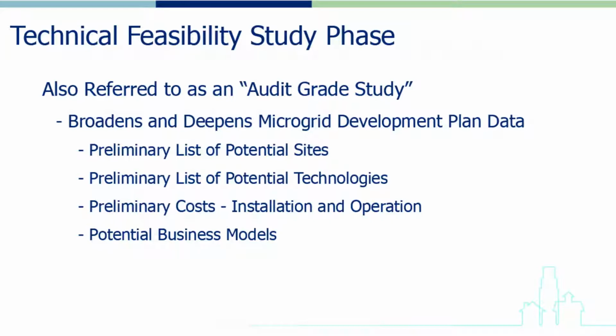This early stage plan would include a preliminary list of potential sites for the microgrid, a preliminary list of potential technologies that can be used in the microgrid, a very preliminary cost estimate including the cost of installation and operation of the microgrid, and a very preliminary version of potential business models for ownership and management of the microgrid. As noted earlier, a technical feasibility study will take this base information and significantly deepen and expand it over the course of the feasibility study.